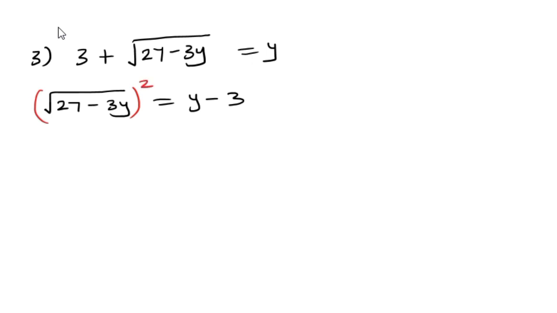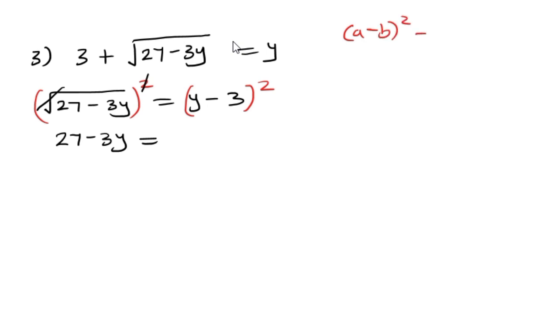Okay, squaring both sides, we are going to have 27 minus 3y on the left, since the square and the square root cancel. Equals, so recall, if we have something like a minus b, all squared, it will give us what? a squared minus 2ab plus b squared.